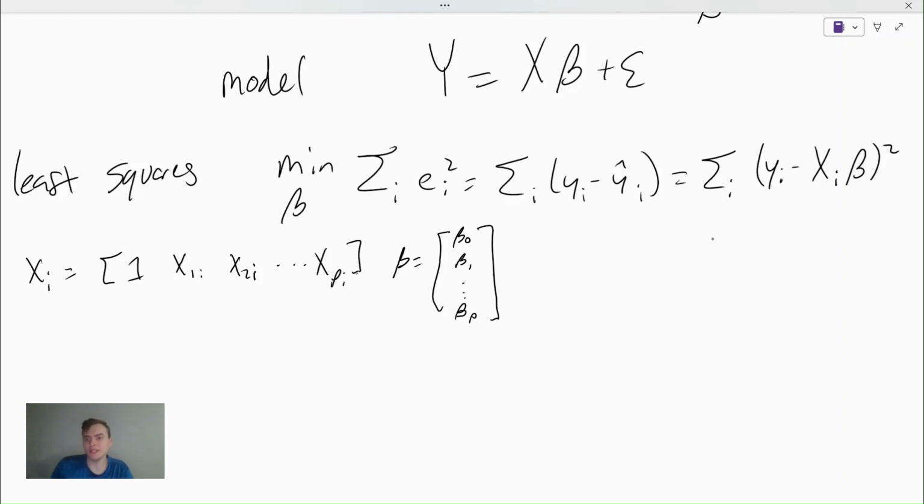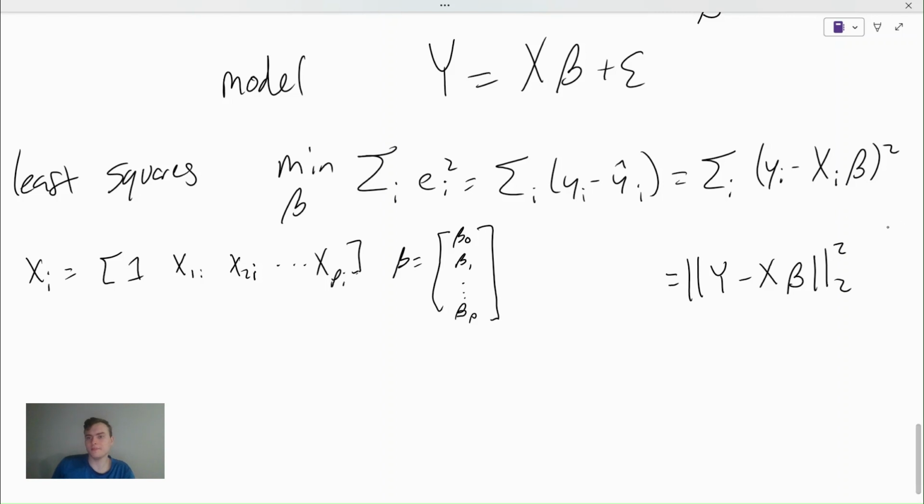Instead of using summation notation, we're going to use the norm notation. So this is equivalent to saying the norm of y minus x beta, squared, 2-norm. So instead of denoting xi as a vector and yi as a single value, I'm denoting y as a vector and x as a matrix. And we're taking the norm.